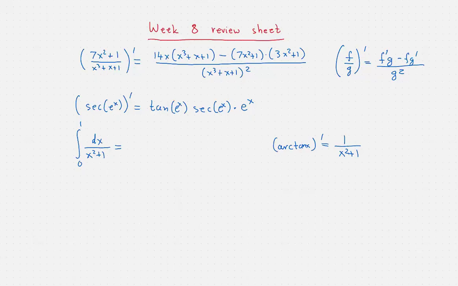And we want it from 0 to 1, which means that we will get arctangent of 1 minus arctangent of 0. And we need to ask ourselves, what is the arc whose tangent is 1? And the answer is pi over 4 minus 0. So altogether we get pi over 4.